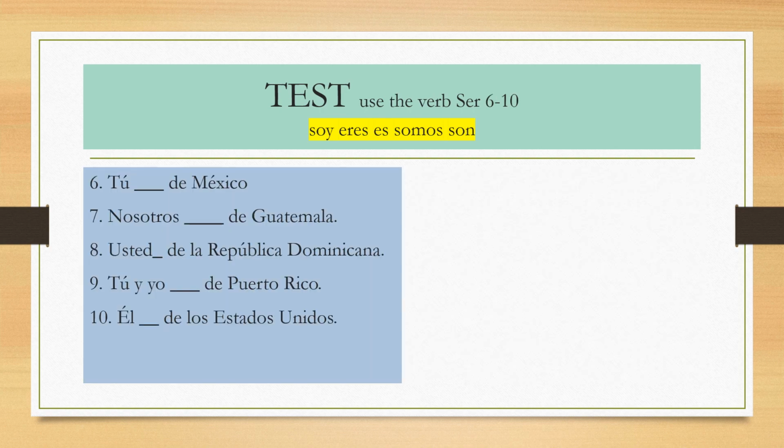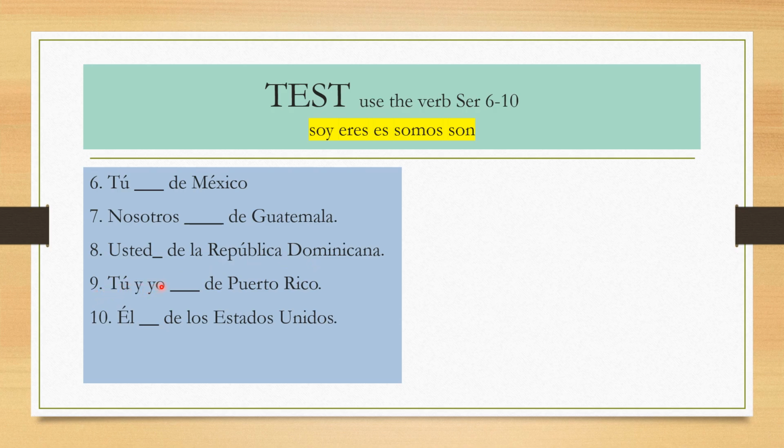Let's continue. Let's do five more. Número 6. Tú, blank de México. 7. Nosotros, blank de Guatemala. 8. Usted, blank de la República Dominicana. 9.